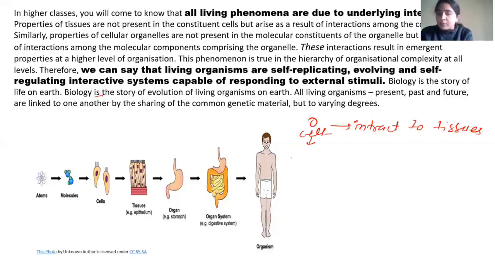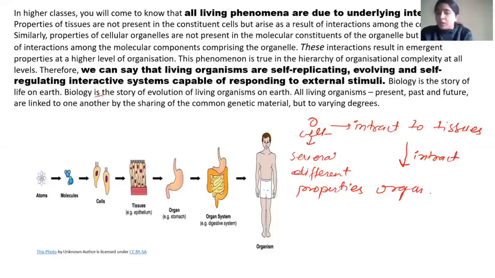These cells have several different properties. Tissues interact to form organs, organs interact to form organ systems, and then the living organism. It means cells are working in an interactive manner.